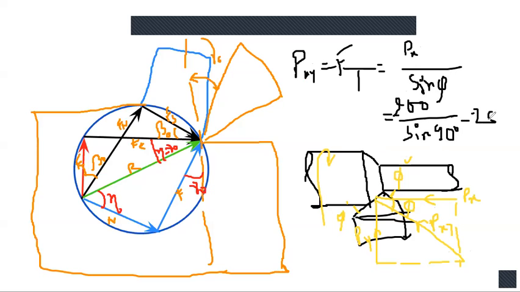That means 200 Newton. So Ft is given and Pz is given.